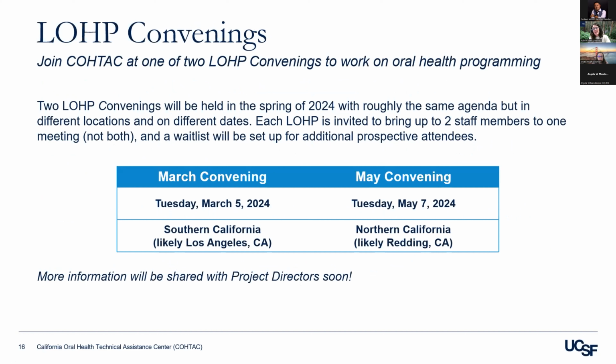There'll be one-day meetings, and we invite all LOHPs to attend one of the two meetings. We are working on finalizing all of those details right now and working on the agenda. Hopefully we'll be able to share more information with the project directors very soon, but we just want to let you know that this is coming, and we're excited to all get into the same room and space together later this year.